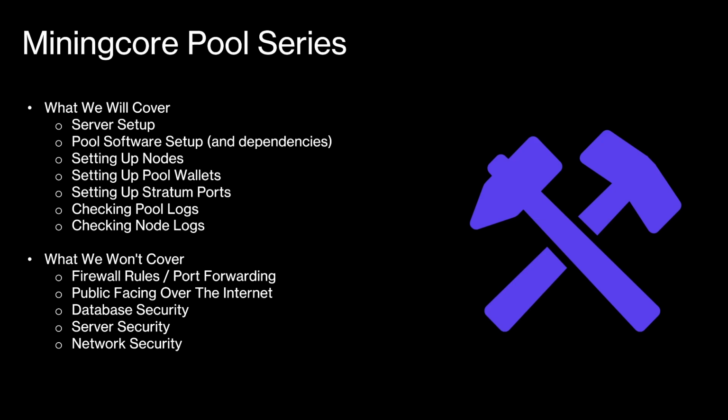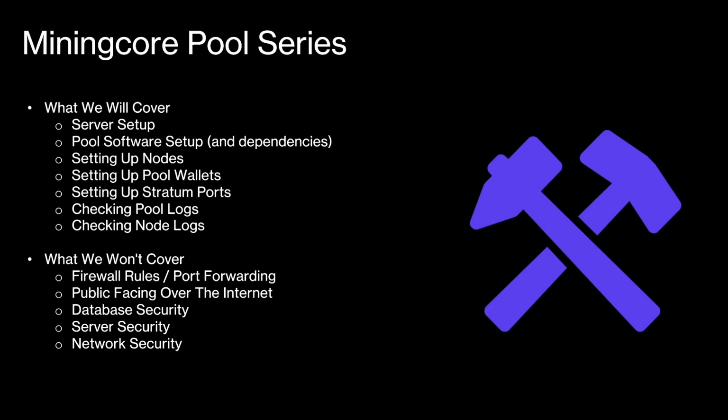But if you do want to make that thing public facing over the internet, that will be on you to figure out how you do that. There are so many different network switches, firewalls, routers, network configurations, all across the board. We're not going to cover that. We're also not going to cover deploying this on a VPS, anything like that.